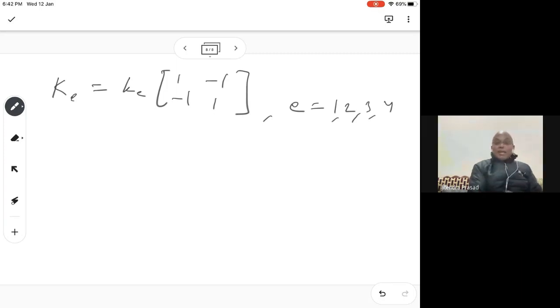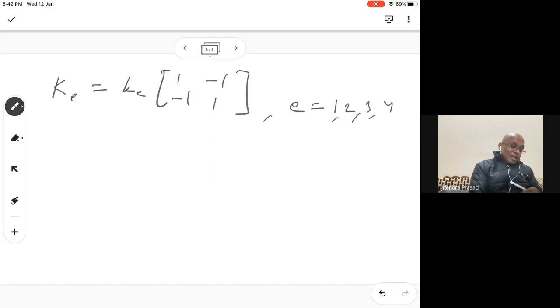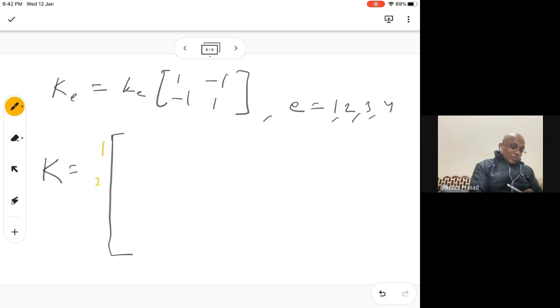So now we can assemble the matrix directly, the big K. So big K is equal to, we can assemble like this, and then we have 1, 2, 3, 4 along the rows and columns.